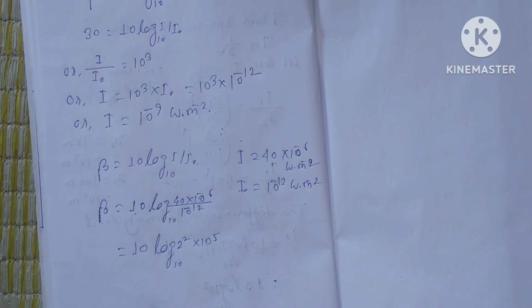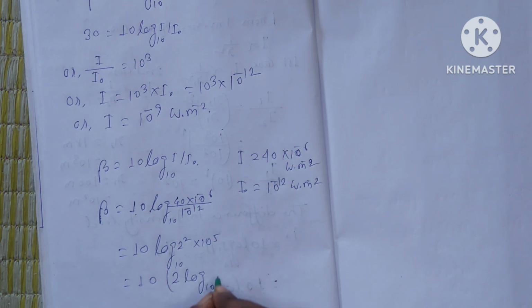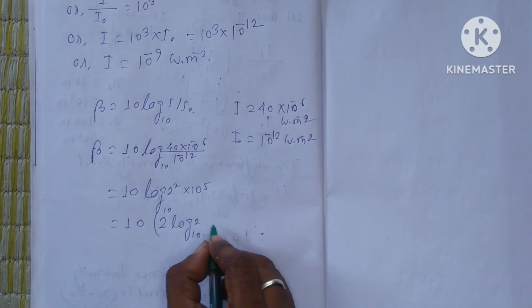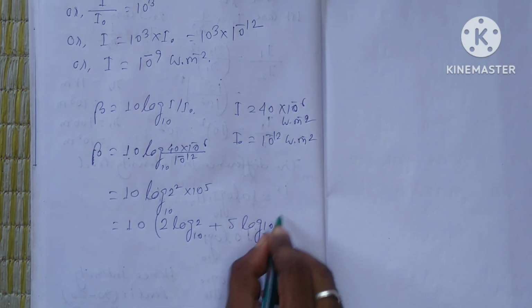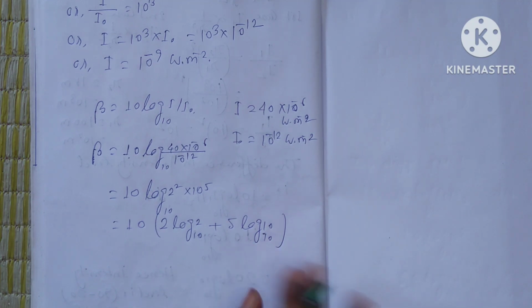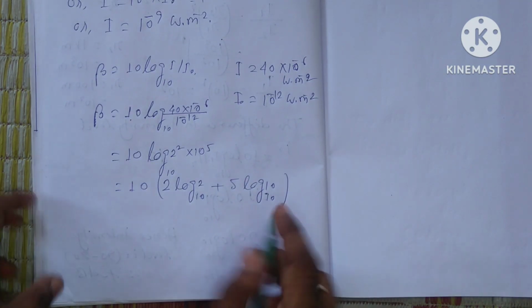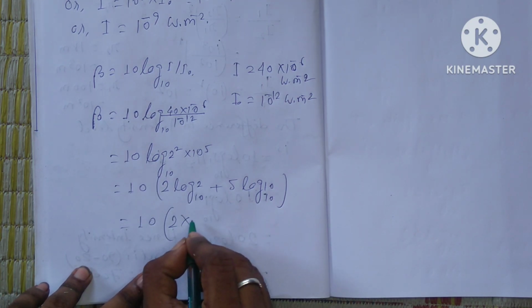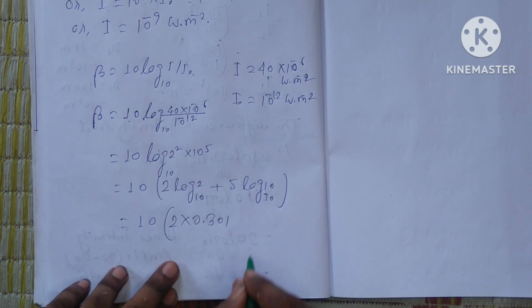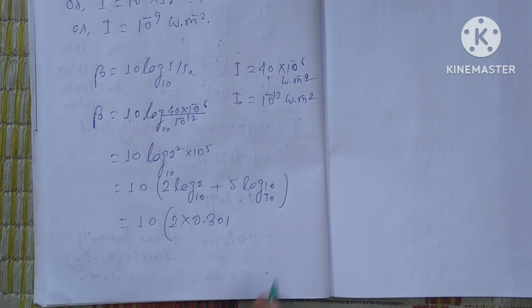So we can write 10, this is 5, so this is 10, 2.0301.